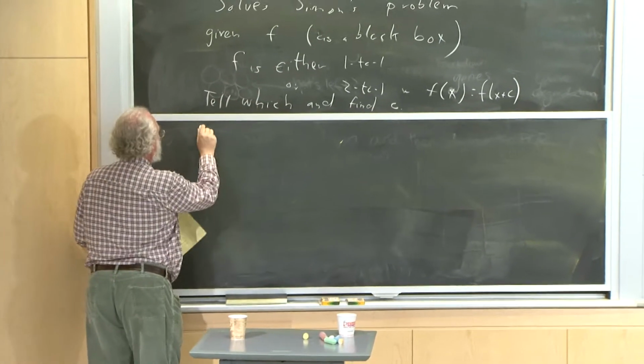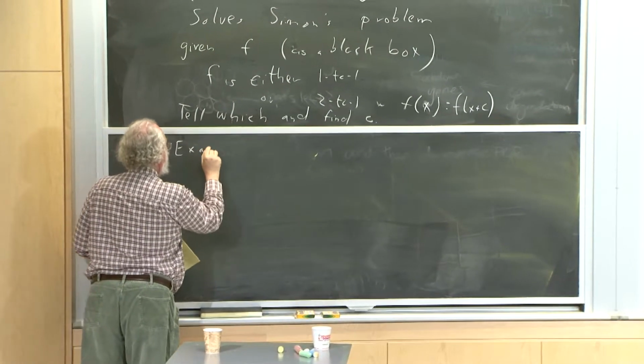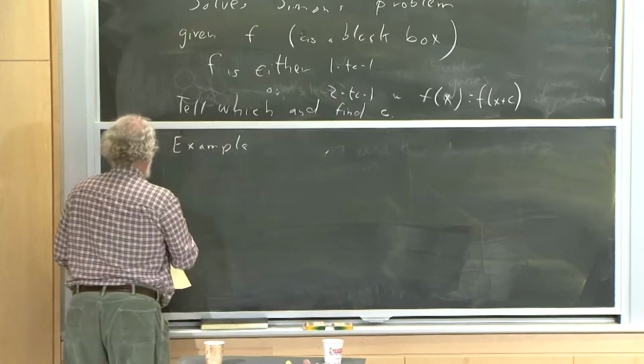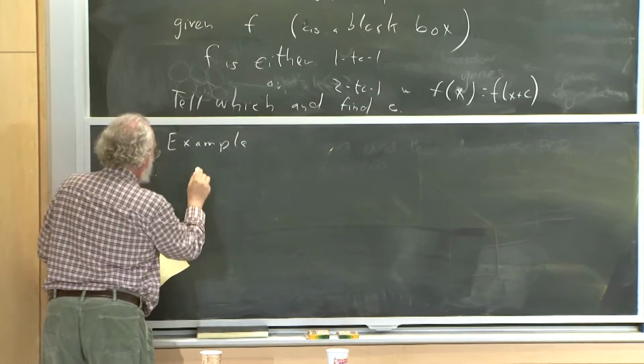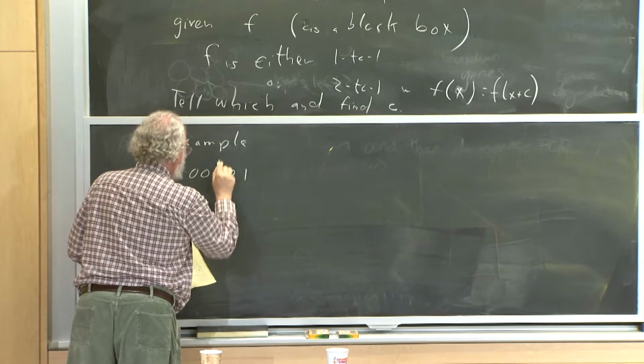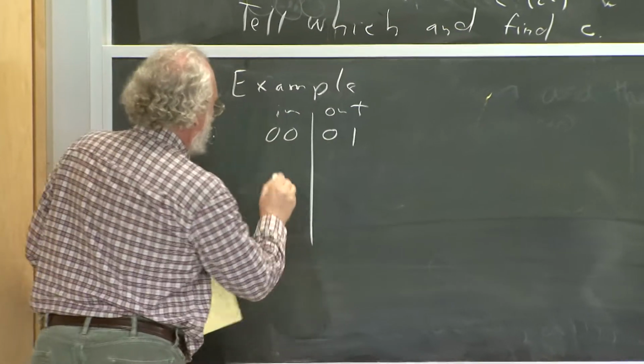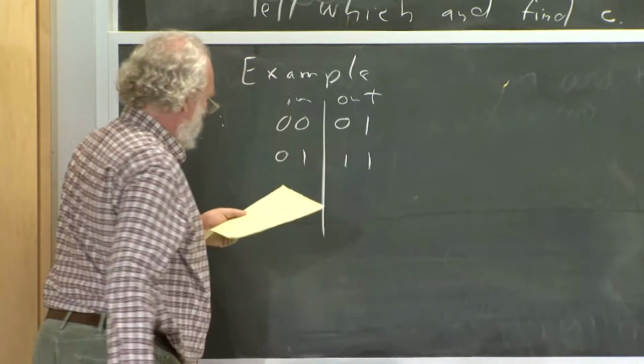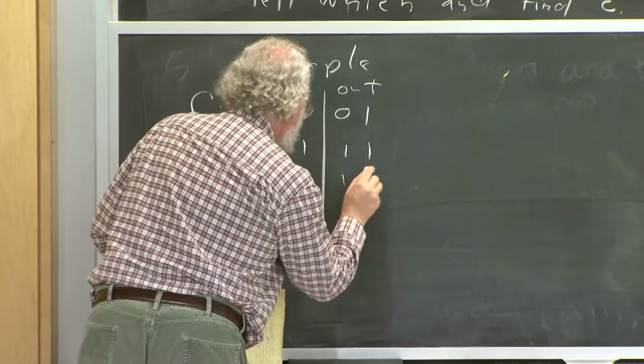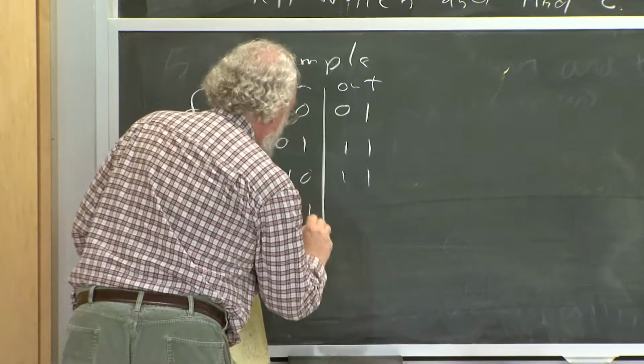So let's do an example. f maps 0,0 to 0,1; 0,1 to 1,1; 1,0 to 1,1; and 1,1 to 0,1.